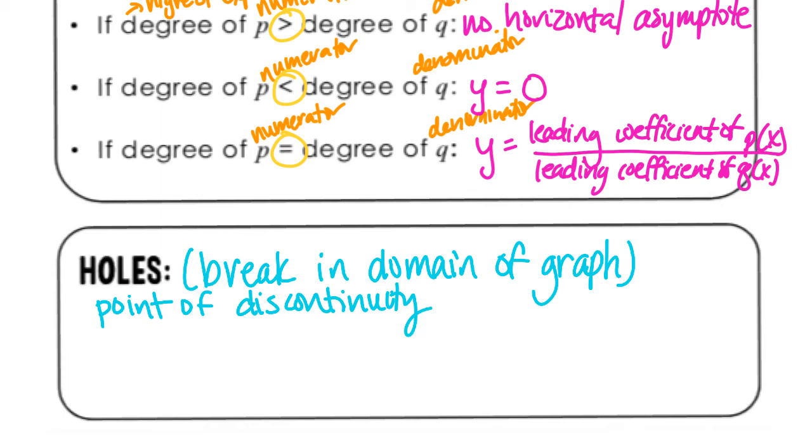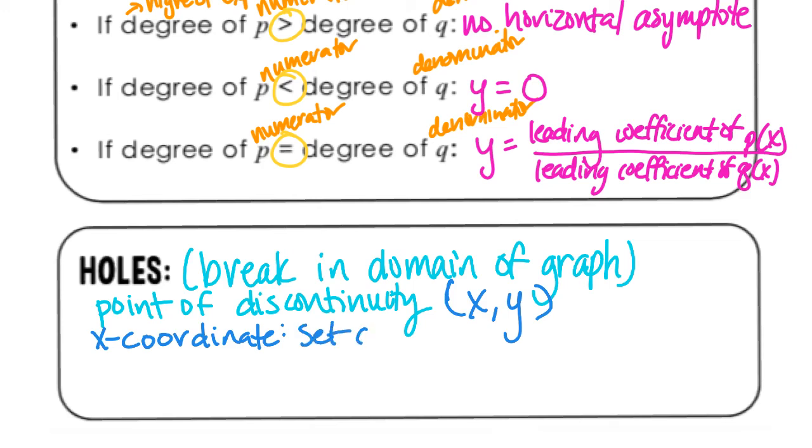and then you can continue moving forward. So in order to graphically find the holes, you need to find the coordinate of the hole. So the hole is written as an XY coordinate point. So the first thing you need to do is find the x coordinate of that point. And in order to do that, you set a common factor equal to 0 and solve for the variable.